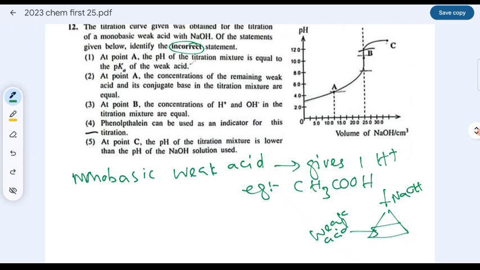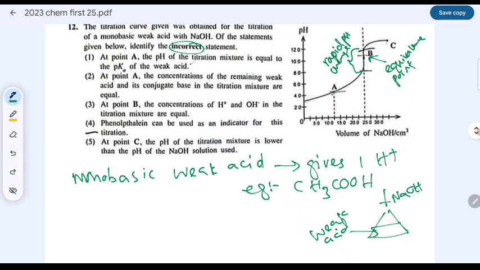Now let's see point A. Now when we go through these 3 points, we can see this point B. This is the equivalence point. Why? Because it is in the middle of the rapid pH change. So this is the rapid pH change. Right? So in the middle you have the equivalence point.